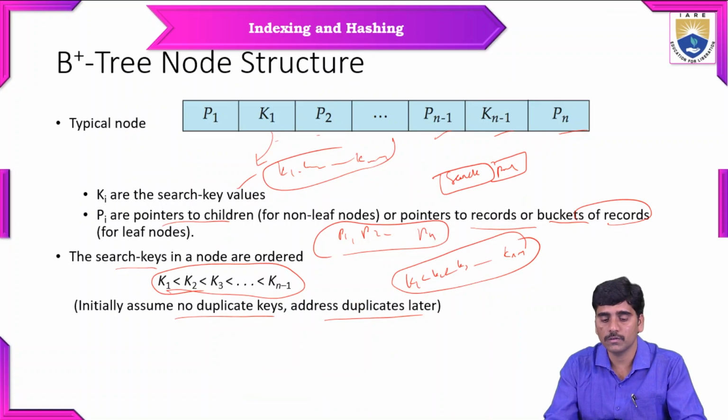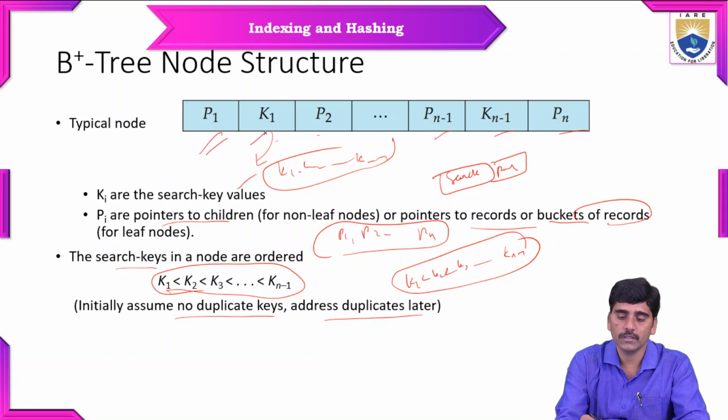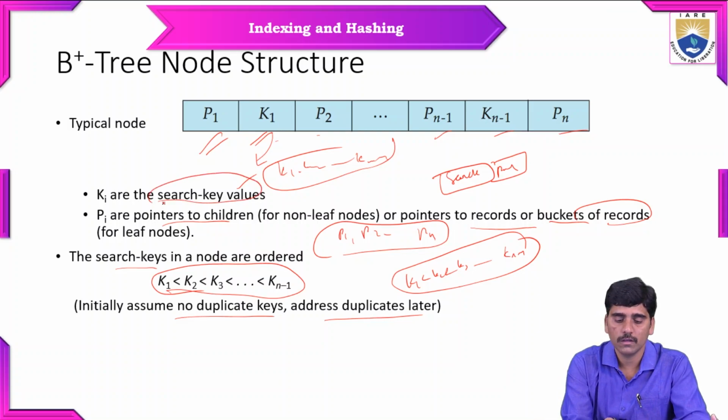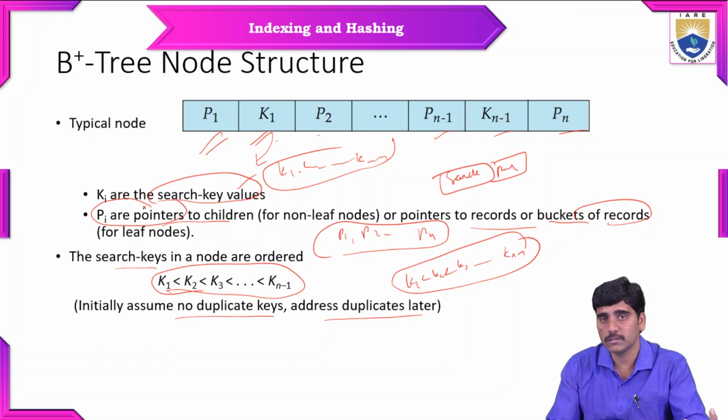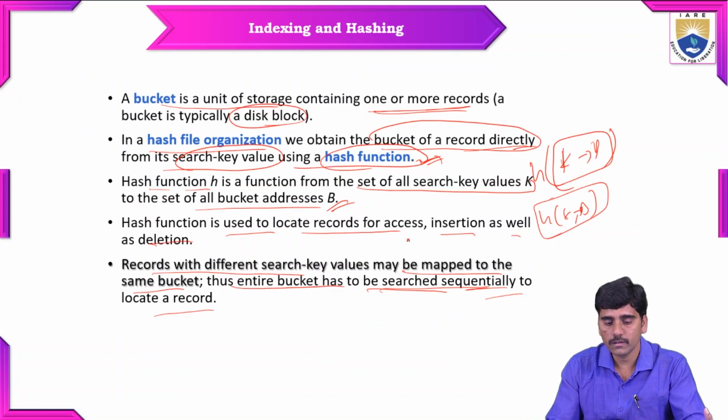The B plus tree node structure has both pointers and search keys, where K indicates search key values and P indicates pointers. The search keys are ordered in sorted order.